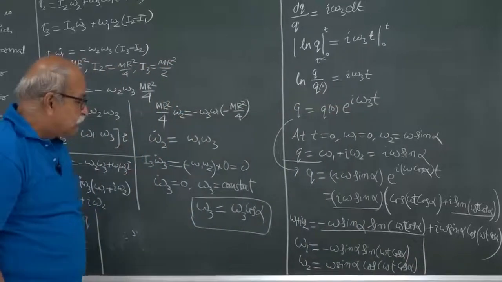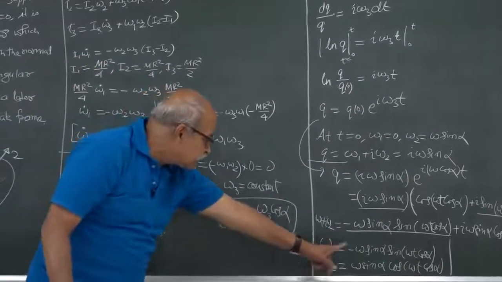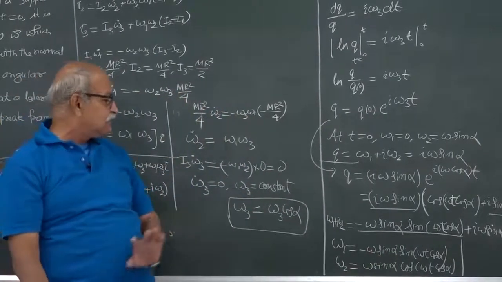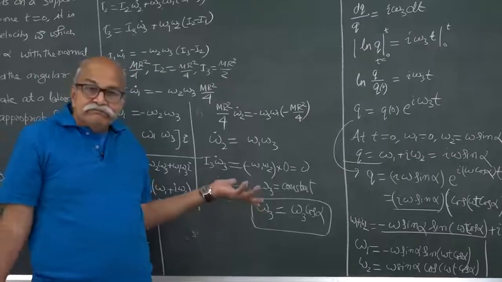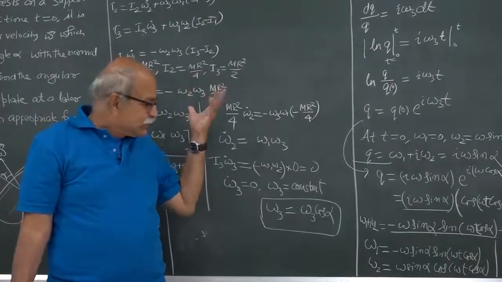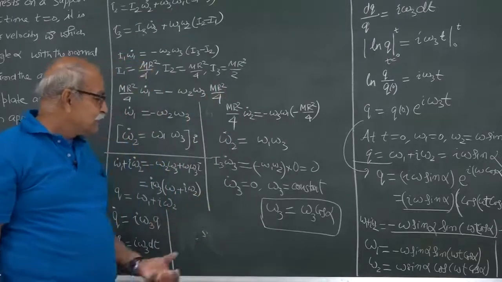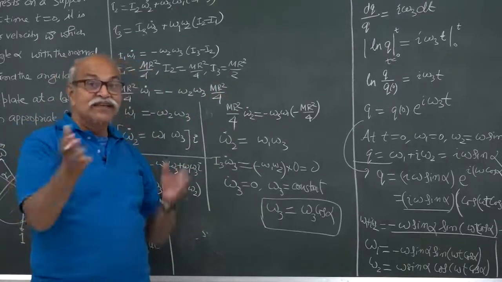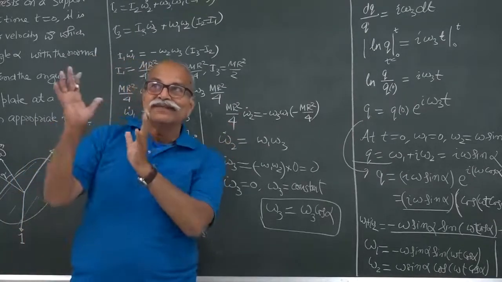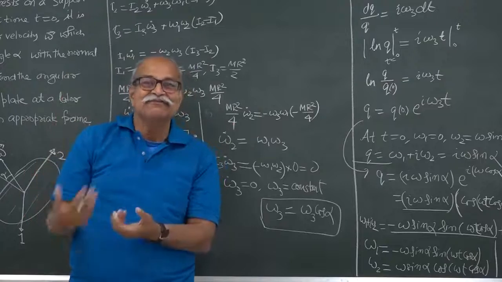All right. So, we have gotten omega 1 as a function of time, omega 2 as a function of time, and omega 3 as a function of time in the particular principal axis frame we have chosen. So, that completes our question. We have gotten omega as a function of time in this frame. However, how does the disk look in the lab frame?